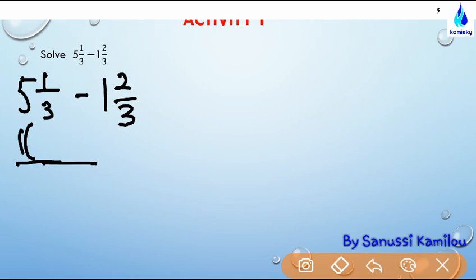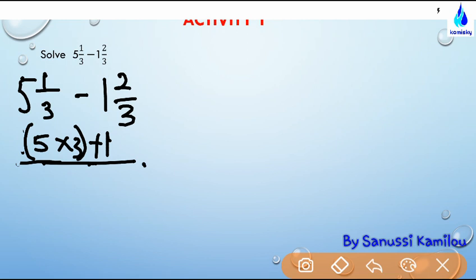So for that matter, we are going to multiply the 5 for the first one by the denominator, which is 3. Then we add it to the numerator. The numerator is what? 1. Very good.